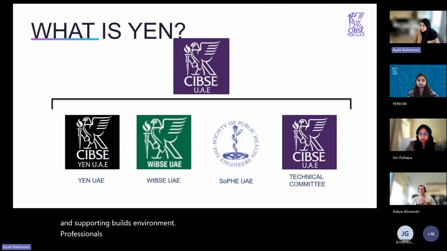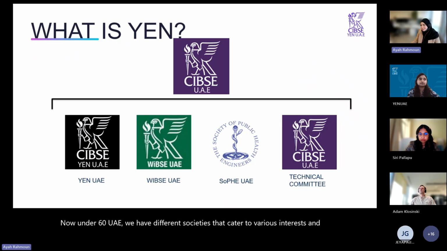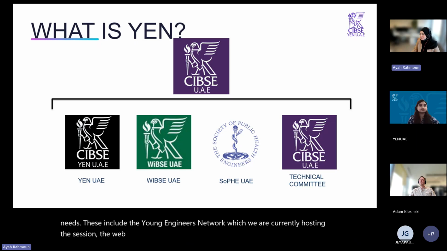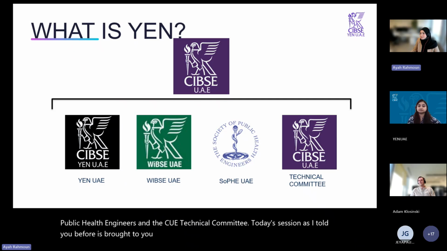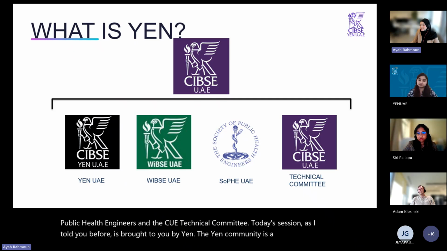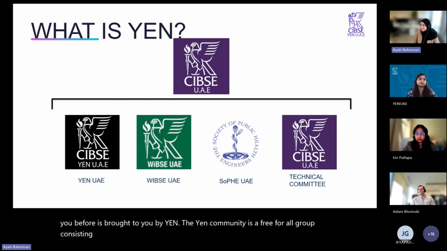Now, under CIBSE UAE, we have different societies that cater to various interests and needs. These include the Young Engineers Network, which is hosting the session, the WiCIBSE, which is Women in CIBSE, SoPHE, which is the Society of Public Health Engineers, and the CIBSE UAE Technical Committee. Today's session is brought to you by YEN. The YEN community is a free-for-all group consisting of young engineers and students.